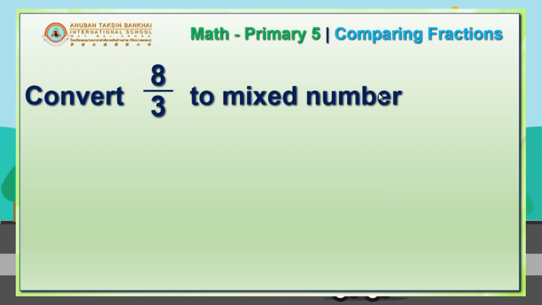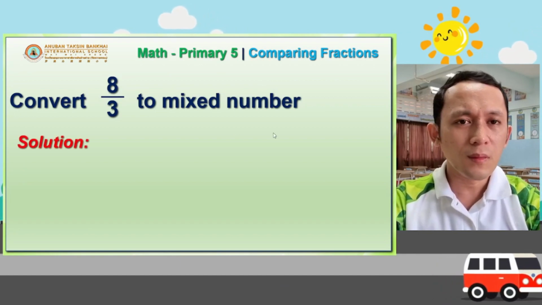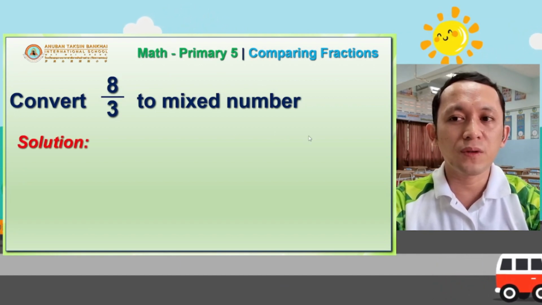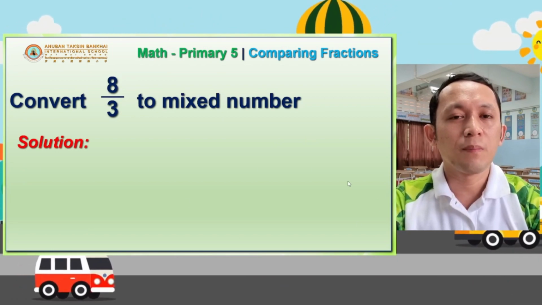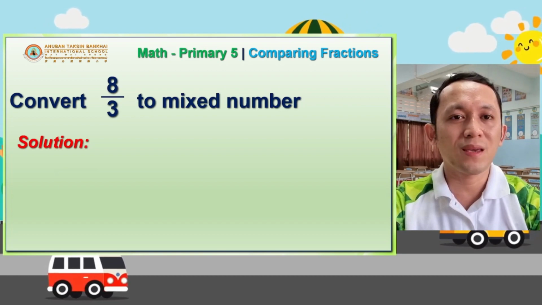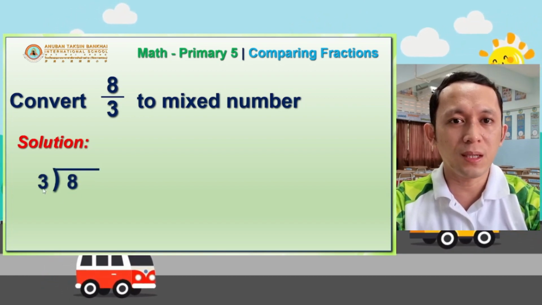So you can see that 8 over 3 is of course an improper fraction. 8 is bigger than 3. So here's our solution. Very simple. All we have to do is divide the numerator by its denominator. So 8 divided by 3.